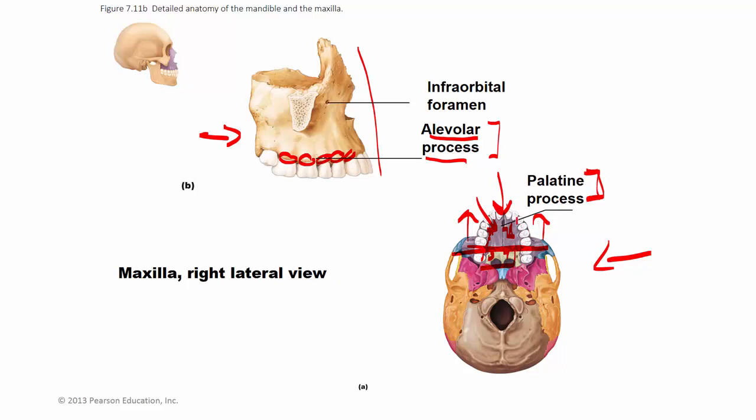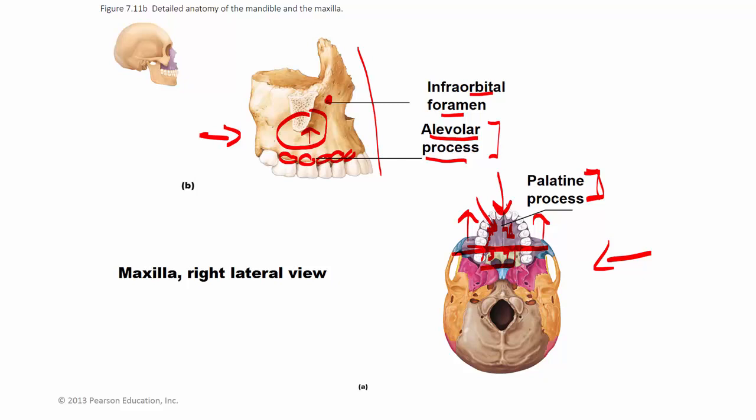All right. You have your infraorbital foramen. Orbital means the eye, infra means below, foramen means hole. So the infraorbital foramen are the little openings just inferior of the eye sockets. And lastly, you have the maxillary sinuses, which are open spaces inside the bone, right above the alveolar processes.